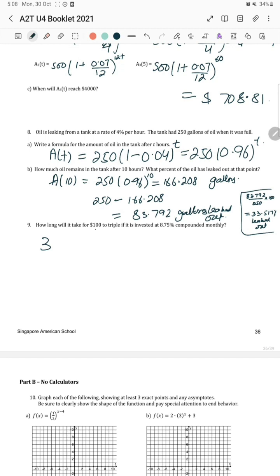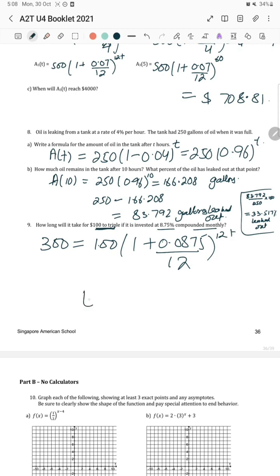So here we have to triple $100. $100 to triple means 100 into 3 is 300, which is equal to 100(1 + 0.0875/12)^(12t). Now doing all the logarithm process, we will get t is equal to 12.6 years.